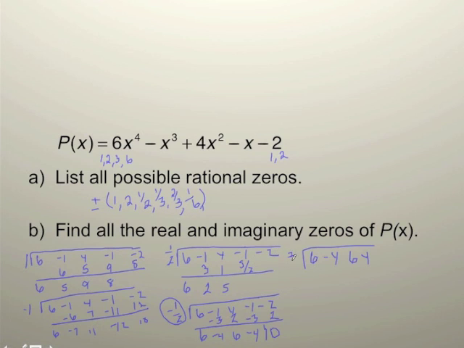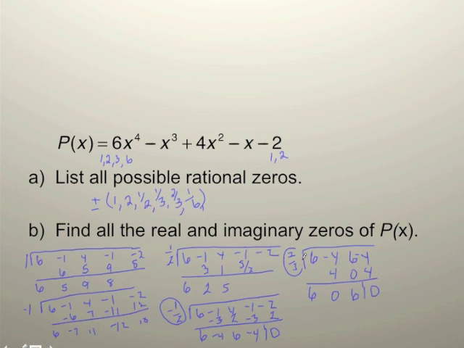I'm going to try the 2/3. 6. 2/3 of 6 is 4, and that will give me a 0. Multiplying is a 0, adding is 6 again. Whoops, this should be a -4. And 2/3 of 6 is 4, and I've got my 0.